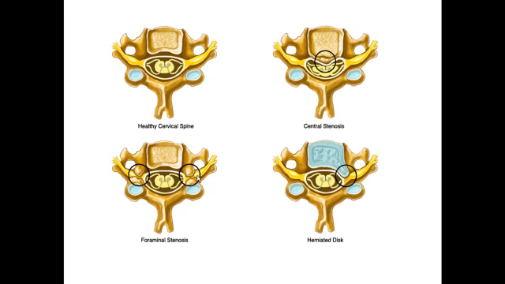Very commonly we see this because there's degenerative joint disease of the facet joint, and the hypertrophy of bone that grows around the facet joint as a result can grow into the intervertebral foramen and create that impingement. We tend to see this unilaterally, but that doesn't mean it's limited to that. Often people have arthritis on both sides, though often we'll see it worse on one side than the other.